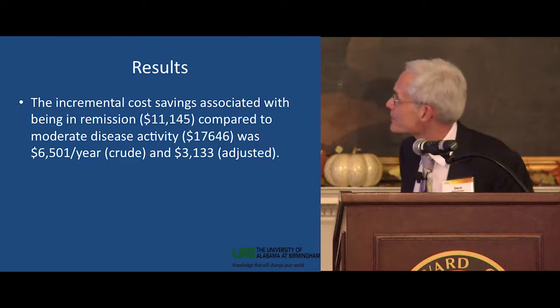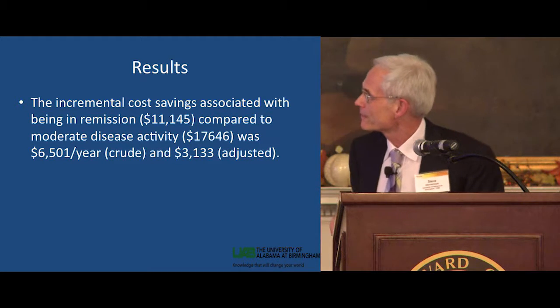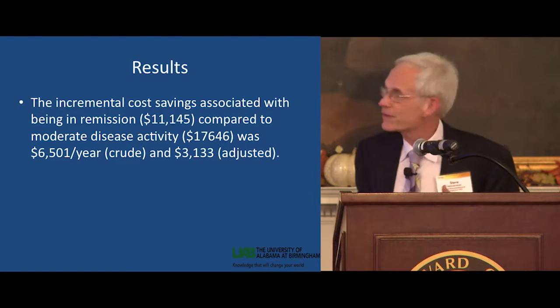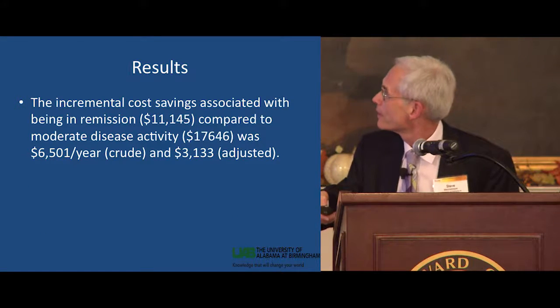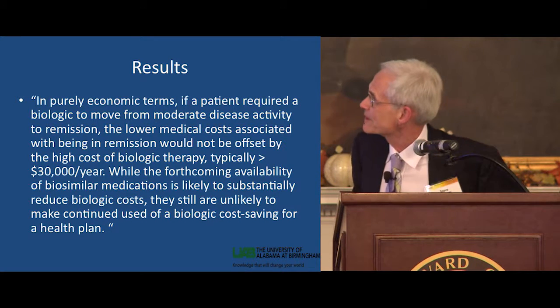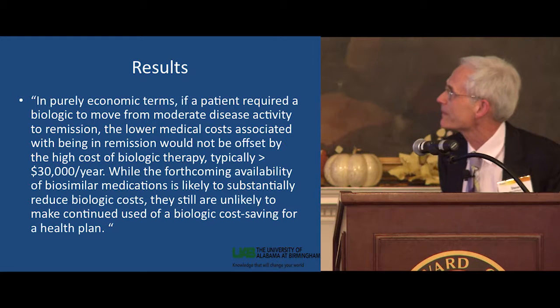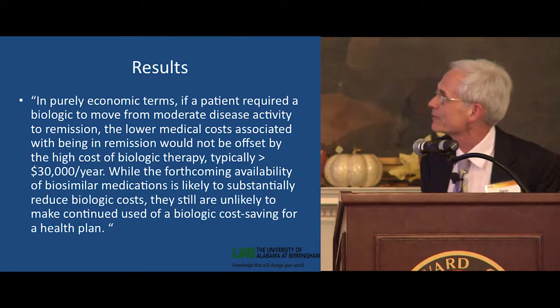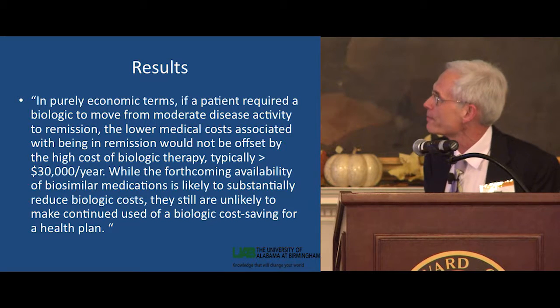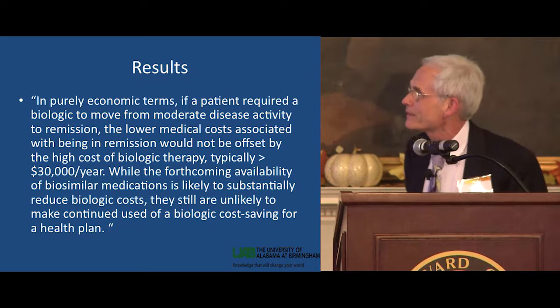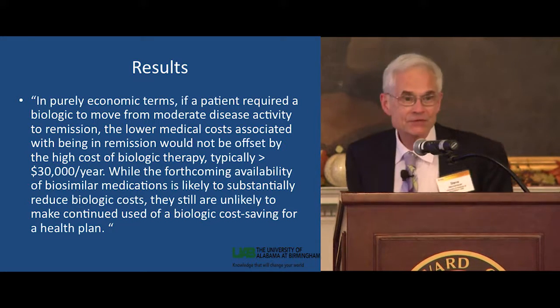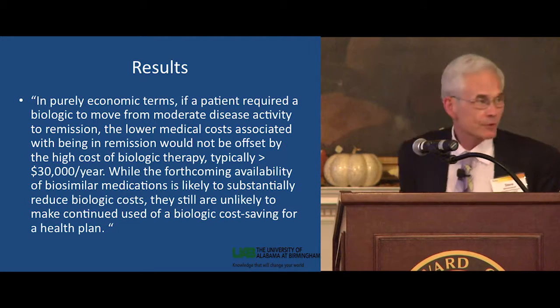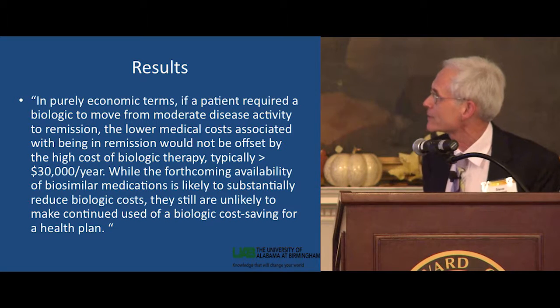So this is the good news. The bad news is that, as they say, in purely economic terms, if a patient required a biologic to move from moderate disease activity to remission, the lower medical cost associated with being in remission would not be offset by the high cost currently of biologic therapy, which is typically about $30,000 a year.